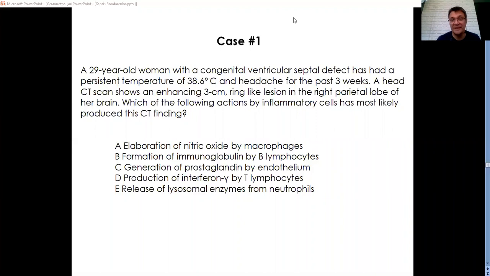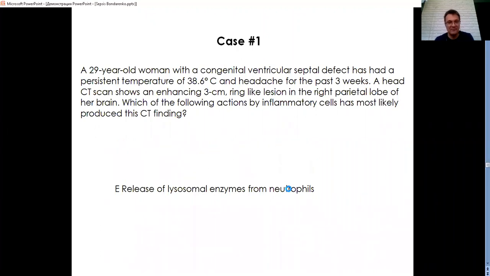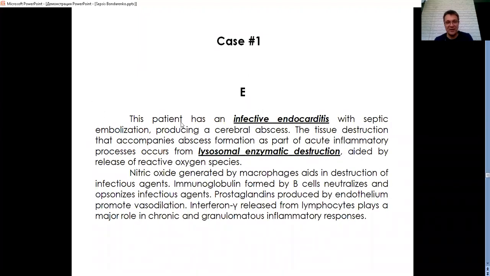So people, we've got 10 minutes and now we must finish that. Okay, let's check. E, that's the correct answer. Exactly. E, because in fact, we are dealing with infective endocarditis in this case, with septic embolization, which produced a cerebral abscess. The tissue destruction that accompanies abscess formation as a part of acute inflammation occurs from lysosomal enzymatic destruction.